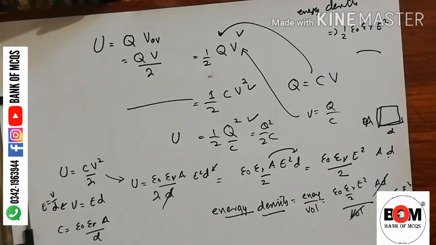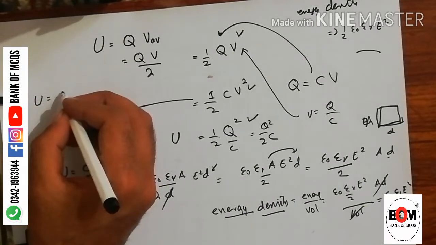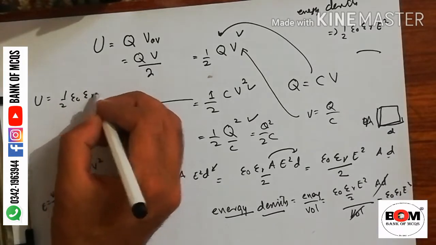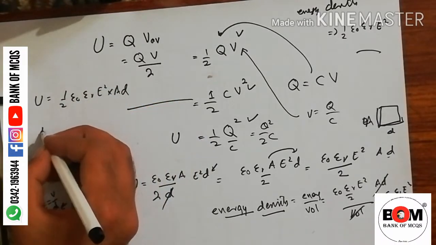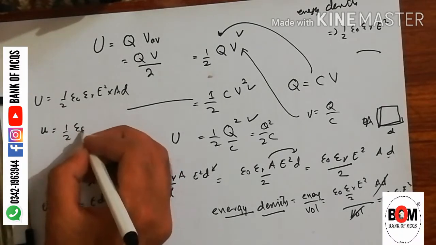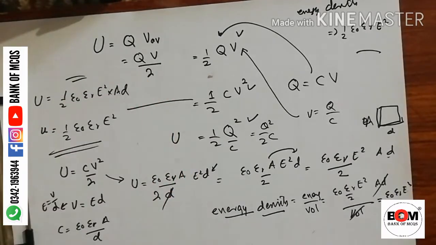Bear in mind, you must remember that for U it is half epsilon naught epsilon r E square multiplied by A d, while for energy density, written as small u in the MCQ, it is equal to half epsilon naught epsilon r into E square. So these two equations are most important.